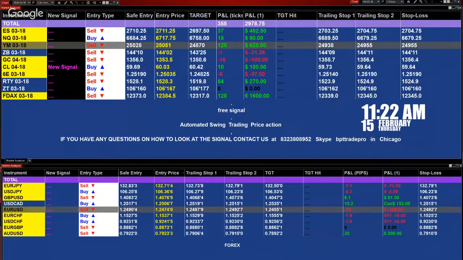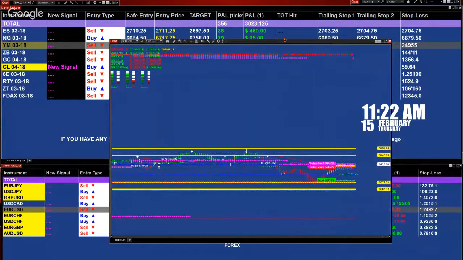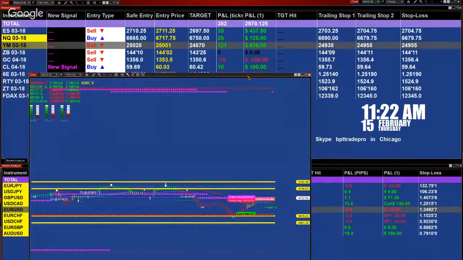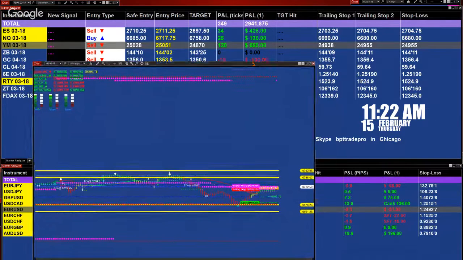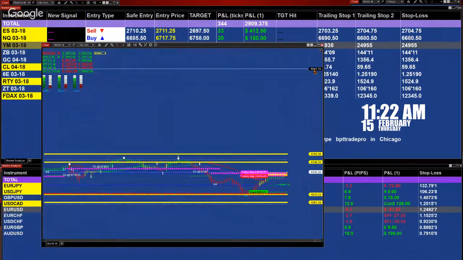For all the traders out there, with respect to every system you have on your chart, I have no idea because it's not for members. And we have a new signal on the CL at 60.003. And this one here is the NASDAQ, 1 minute.